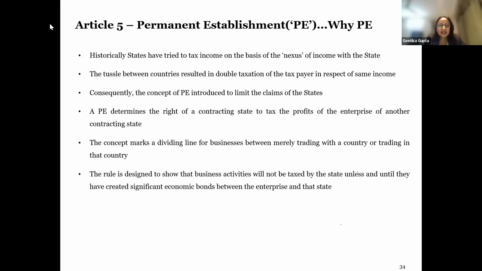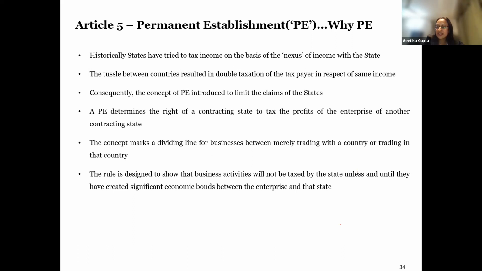Sure. Thanks, Sachin. With this, we'll move to permanent establishment, PE. The notion of PE is one of the most important issues in treaty-based international fiscal law, perhaps the single most important one.